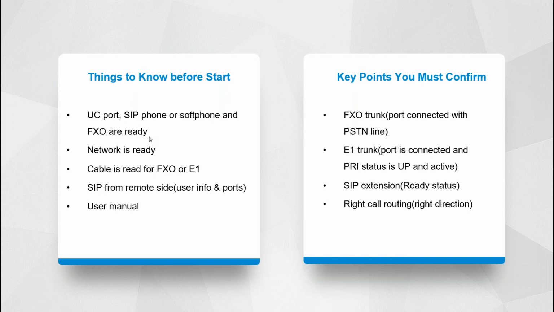And sometimes if you use E1, you have to know which E1 port is connected to our system, and make sure it is physically connected and our PRI is always up and active. Up and active means that your physical connection is ready and your signaling is ready. So you have to check from the gateway or from our GUI.